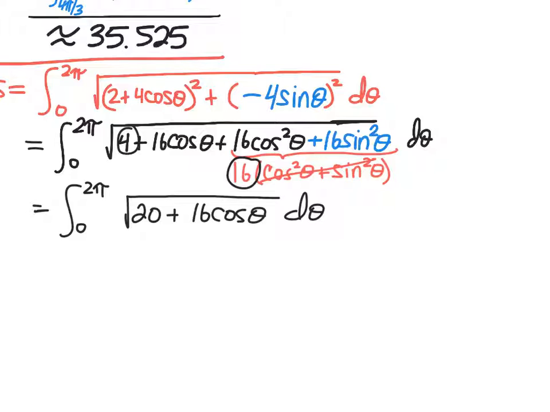So, math 9 on the interval of 0 to 2 pi. Let me just chuck in the 2 pi. Square root of 20 plus 16 times the cosine of theta. Close it up. No power. That's something.